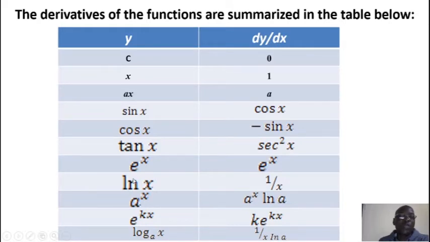The difference between this logarithm and this logarithm is that the base of the logarithm here is e, but the base of the logarithm here can be any number, including e itself. So when you view the functions, you view their derivatives, the first derivatives to be precise.